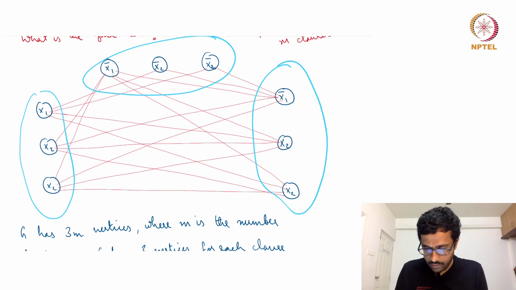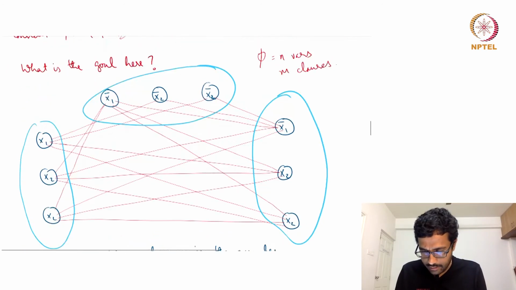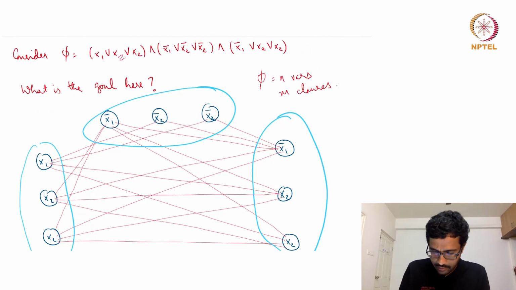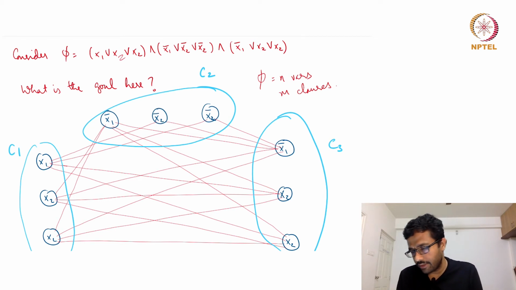Okay, so what I have done here is I have made 3 sets of 3 vertices each. This set corresponds to clause 1, x1, x2, x2. The top set corresponds to clause 2, x1 bar, x2 bar, x2 bar, and the right side set corresponds to clause 3, x1 bar, x2, x2.